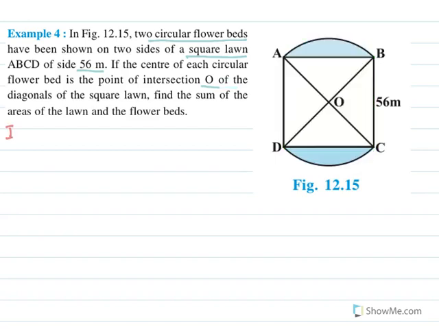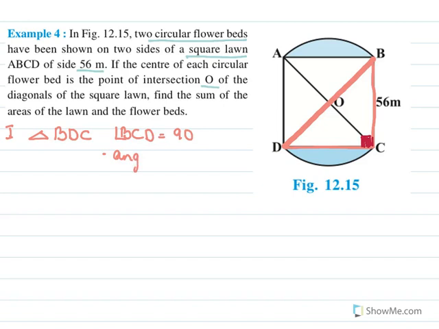The first step of the sum is to find DB. This is DB. Now to find DB, we will take up the triangle BCD, and we know the triangle BCD is a right angle triangle. So angle BCD equals 90.